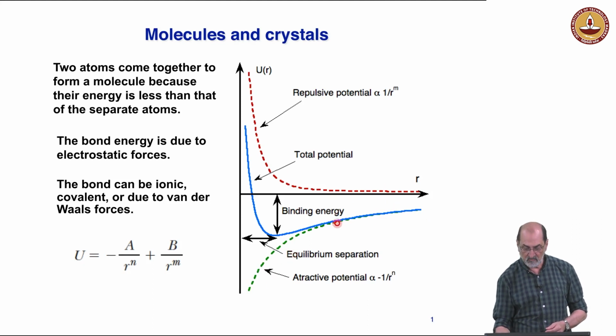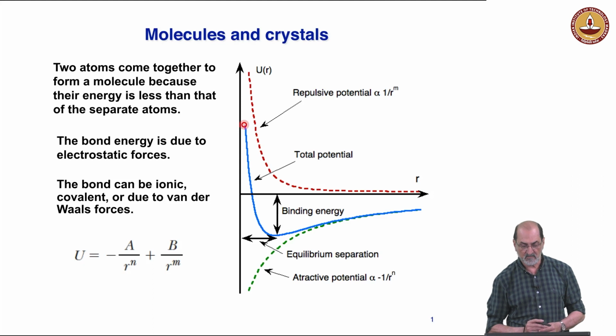So the total potential has to go down first, and then it has to go up because of the repulsive potential. It cannot be the other way, because in that case we would have the opposite form for the total potential, and things wouldn't work. Yeah?